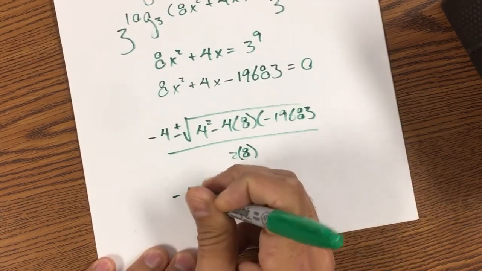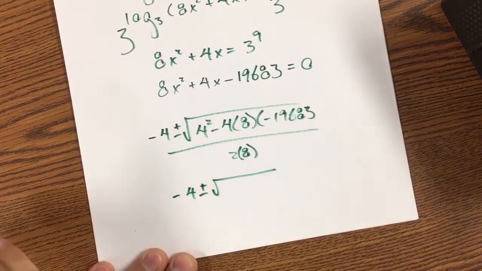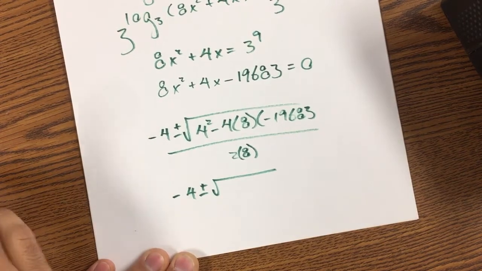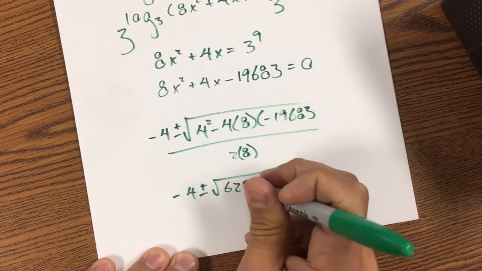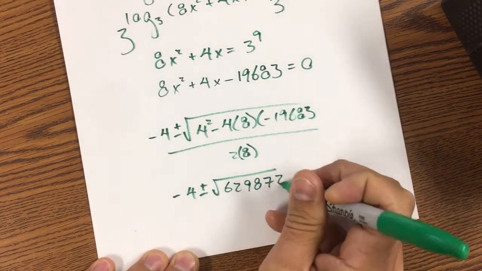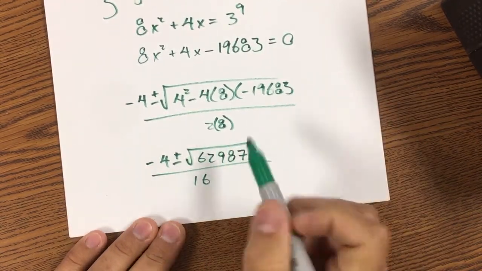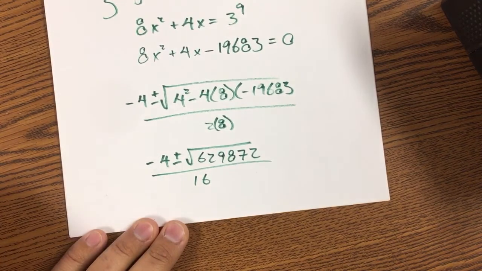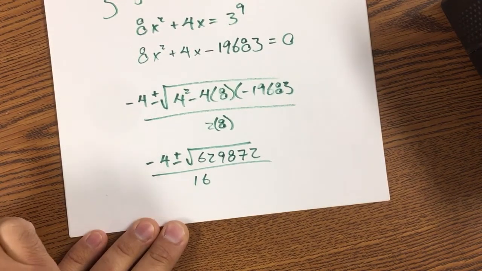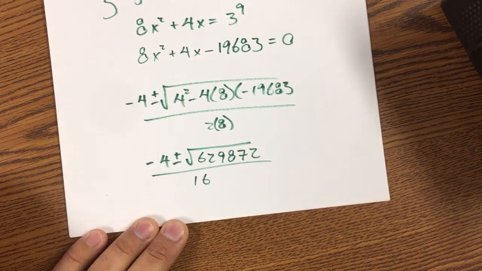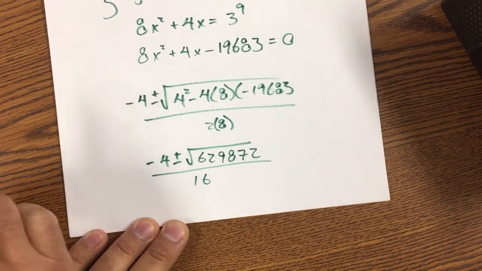So that's going to give me... it would be awesome if this gives me something that is an integer, but of course it doesn't. So, can I simplify?